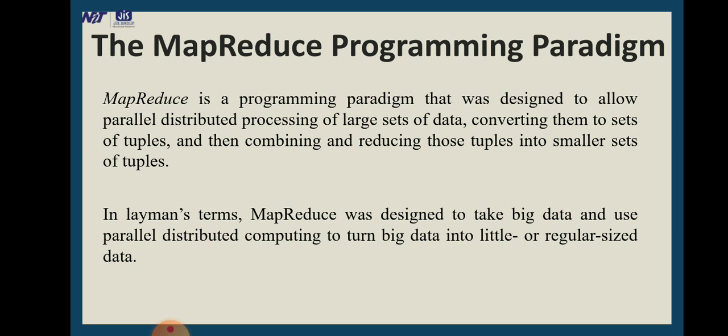In the map task, we delegate the data to key value pairs, transform it and filter it. Then we assign the data to nodes for processing. In the reduce task, we aggregate that data down to a smaller size data set.